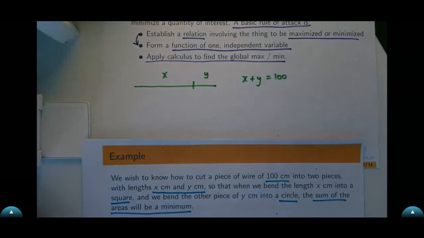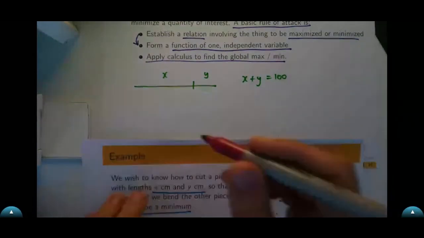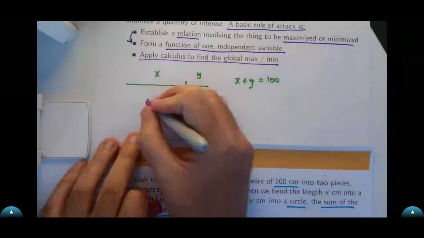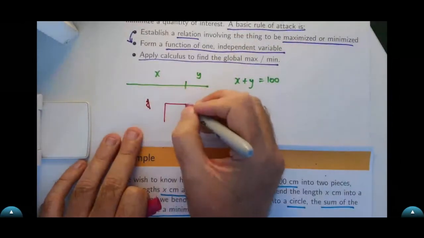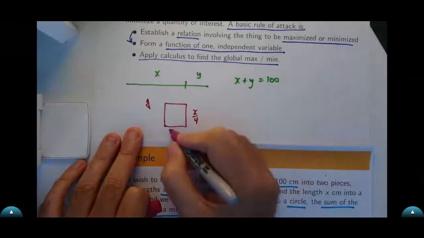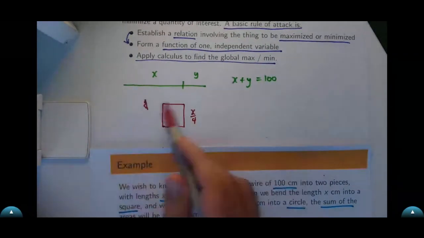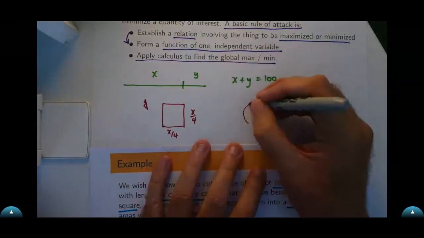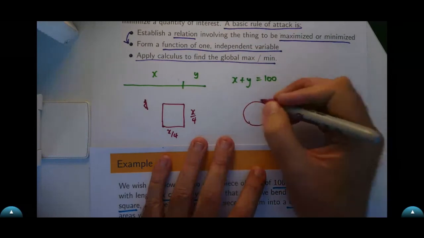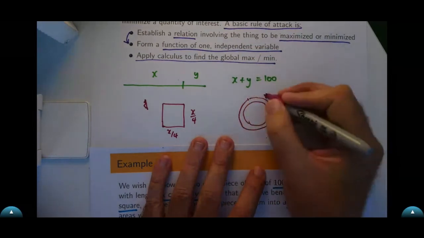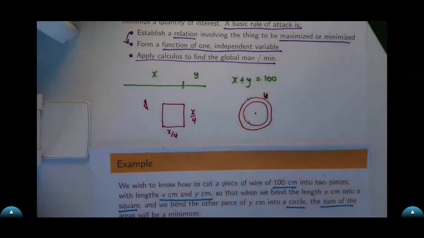Okay, and I'm going to bend the first part into a square. So if I do that, it might look something like this. And the second part is going to be bent into a circle.